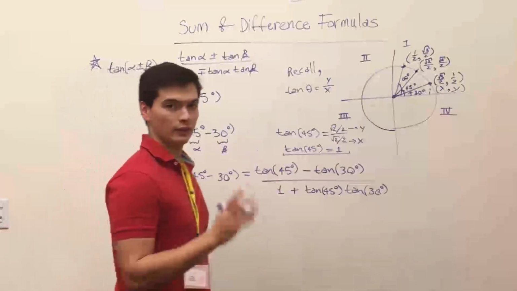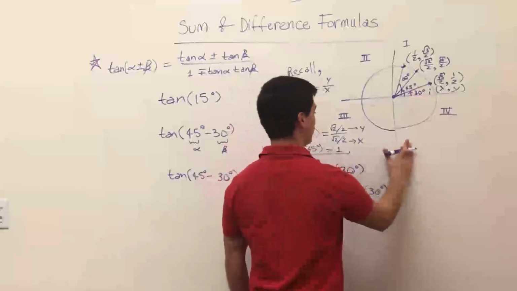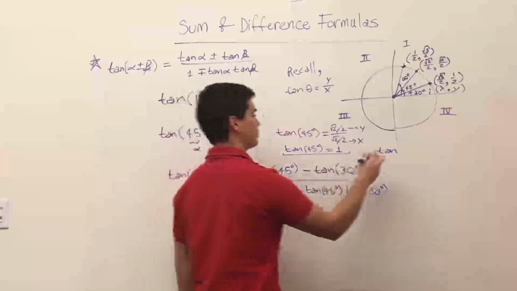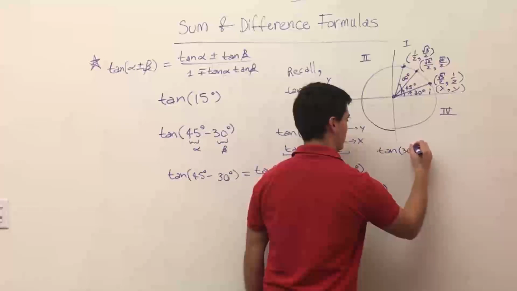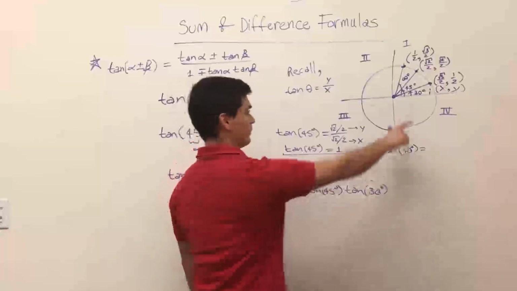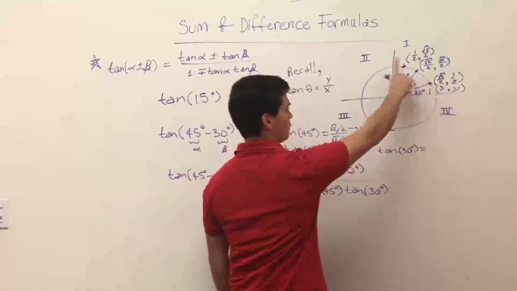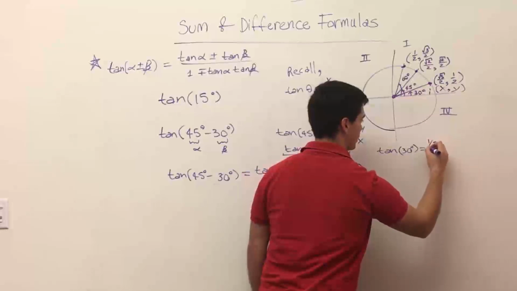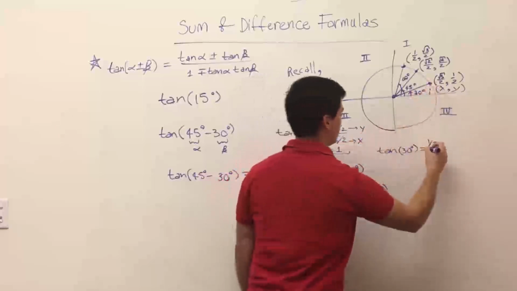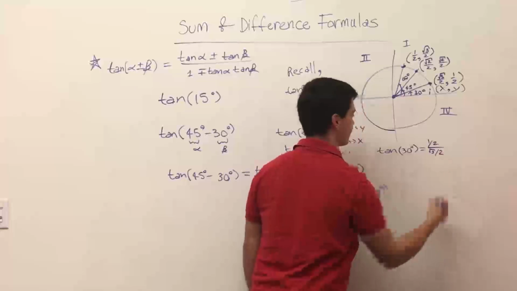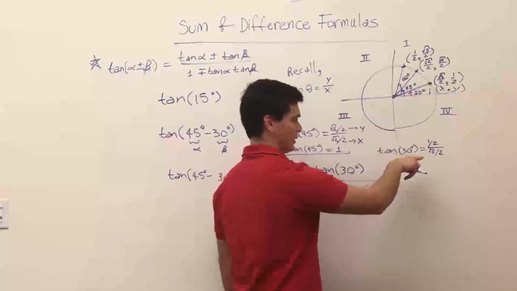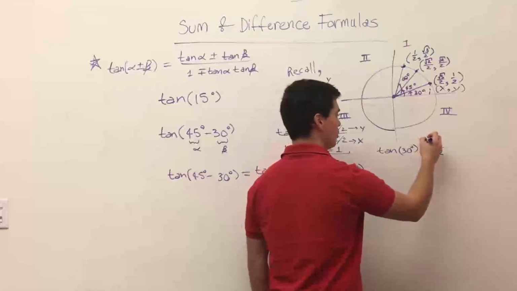Now I will do that same process, but instead of using 45 degrees, I will use 30 degrees. That gives us this point along the unit circle. The y value there is 1/2, while the x value is square root of 3 divided by 2. Whenever you have a fraction in the denominator, you multiply the numerator by the reciprocal of the denominator.